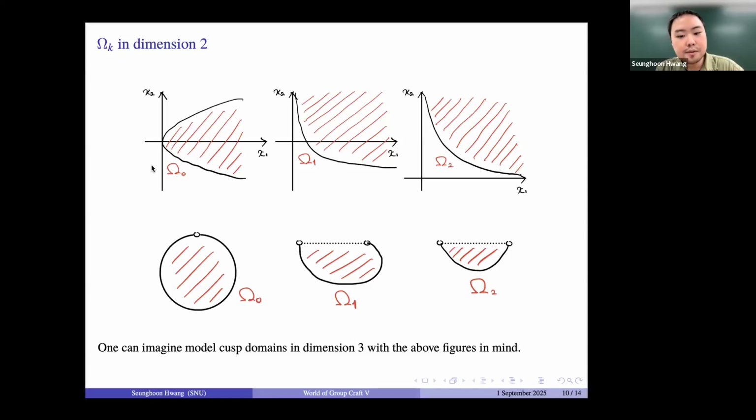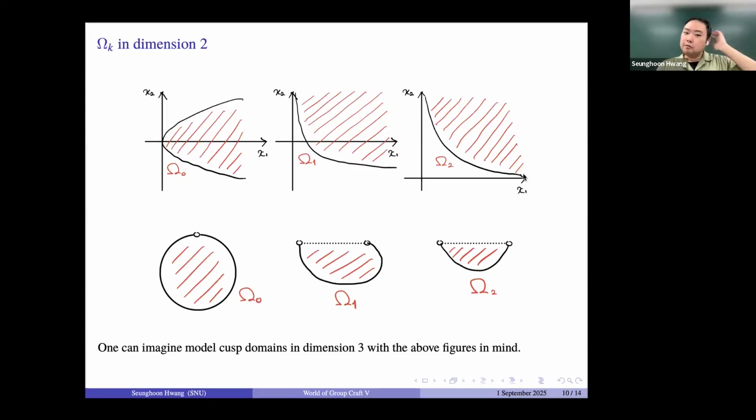The type 1 domain will be the epigraph of a logarithmic function, and we have the projective view here. And when it's type 2, then we have the epigraph of a function, something like y equals 1 over x. Model cusp domains in dimension 3 can also be imagined with these figures in mind.